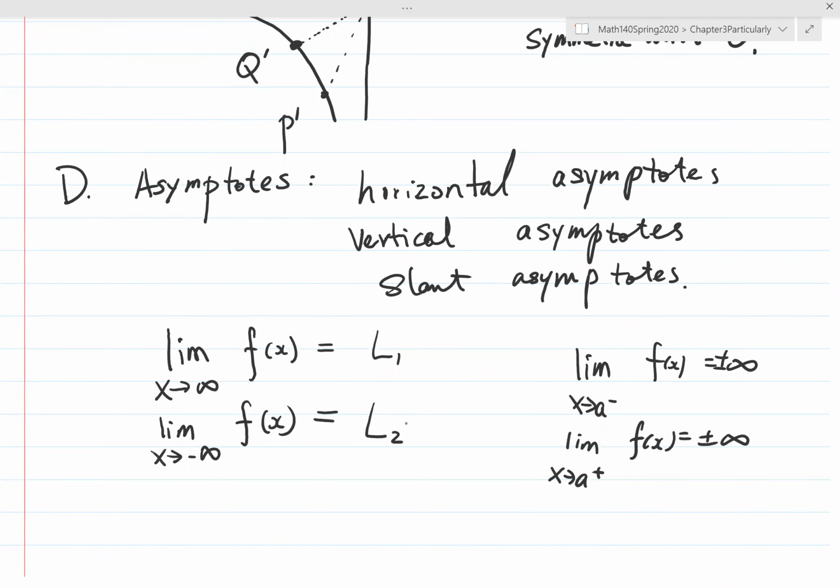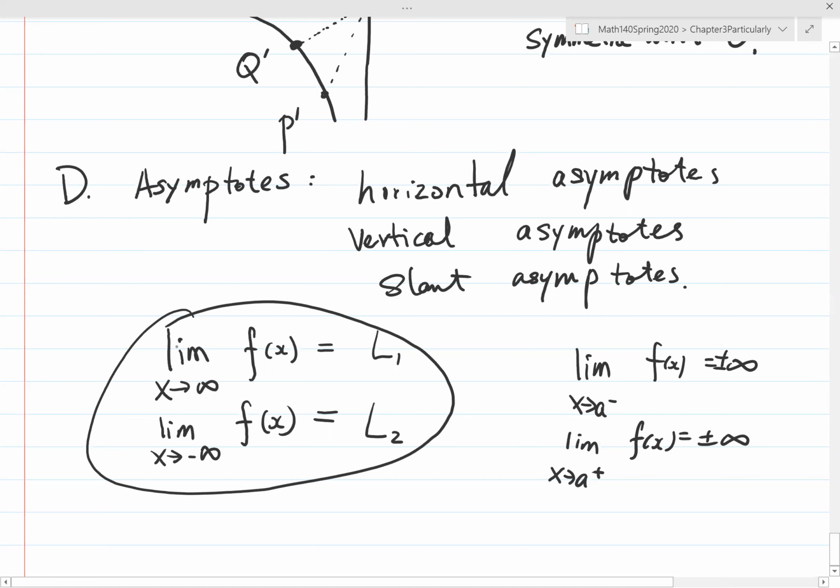in the first two cases, a horizontal asymptote. Horizontal means x approaches infinity, the x value approaches infinity, and the y value f(x) gets closer and closer to a number L. I.e., the function is stable around one number.